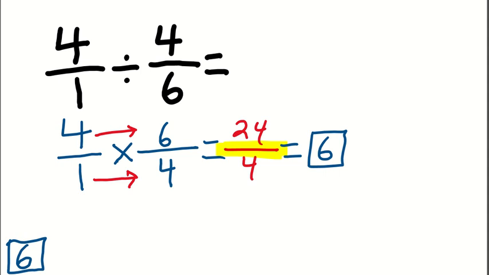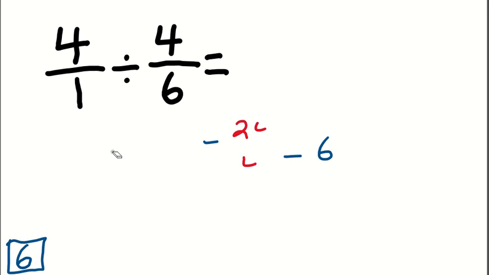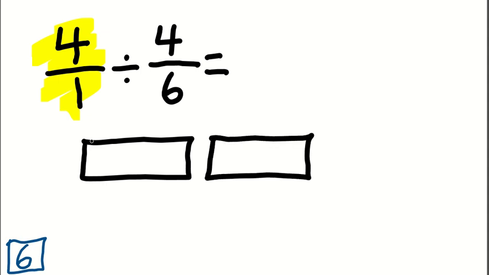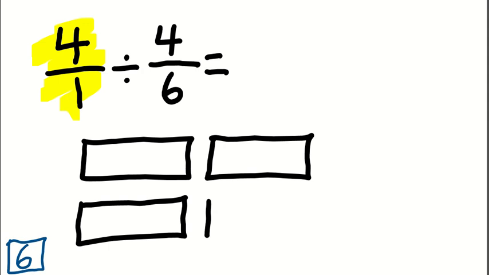And now let's see if we can draw a picture illustrating this fact. Okay, as always, I'm going to begin with the fraction on the left, which is 4 over 1. Draw 4 candy bars to represent 4 wholes. So there's 1 candy bar, 2 candy bars, 3 candy bars, 4 candy bars.